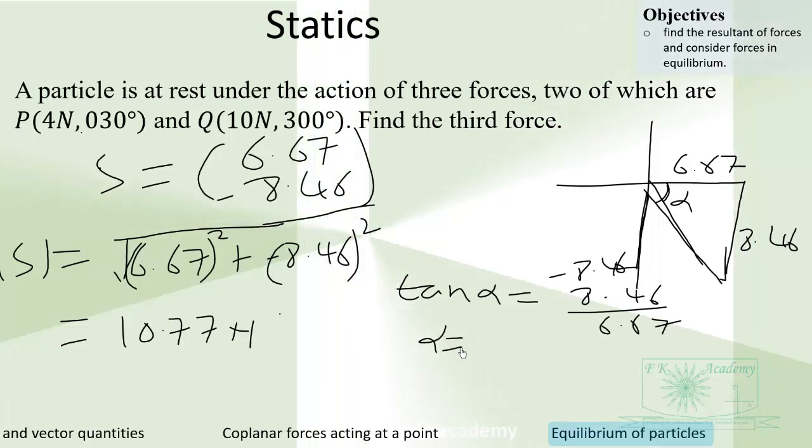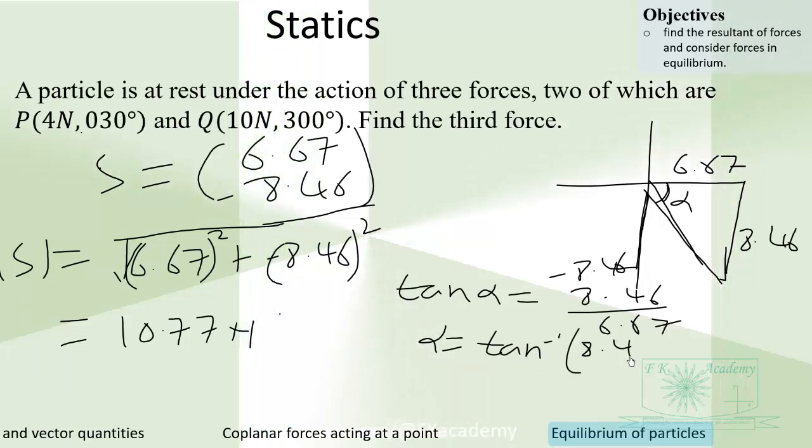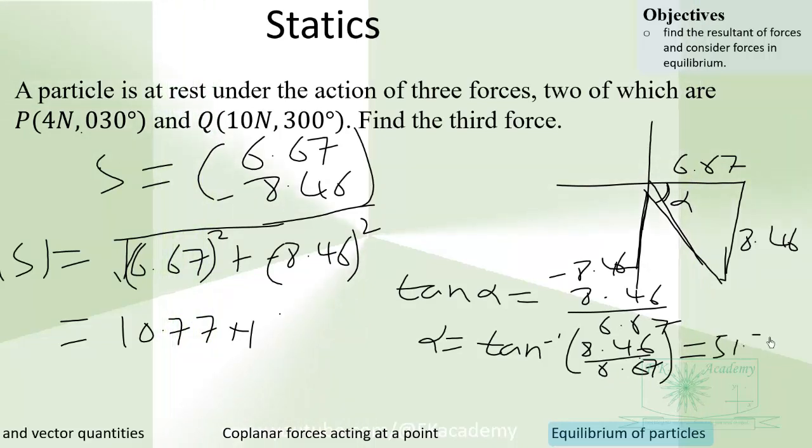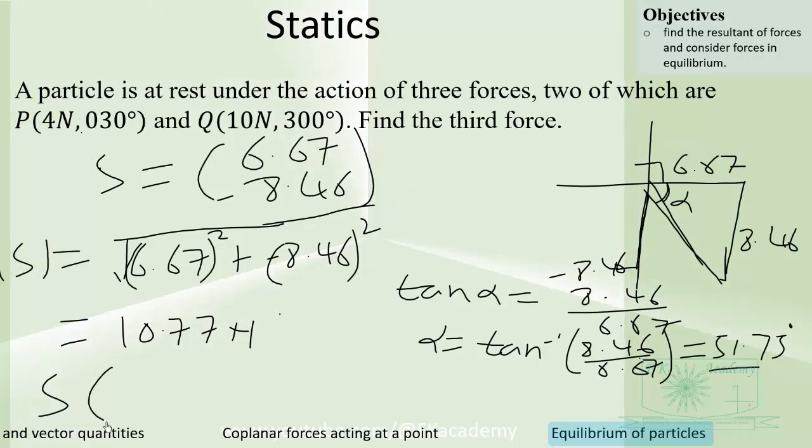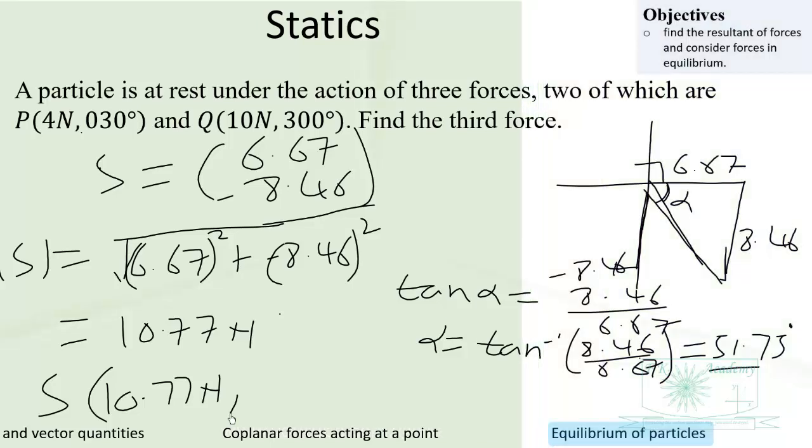So alpha will be equal to tan inverse of 8.46 over 6.67, and that is giving us 51.75 degrees. So we need to add this to 90. So plus 90, that will give us the direction. Therefore, the force S should be 10.77 Newton to 2 decimal places, and the direction will be 141.75 degrees.